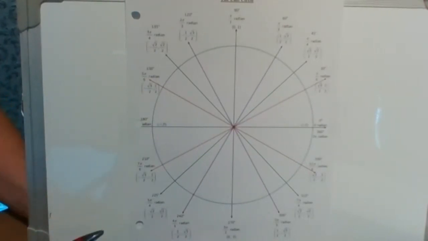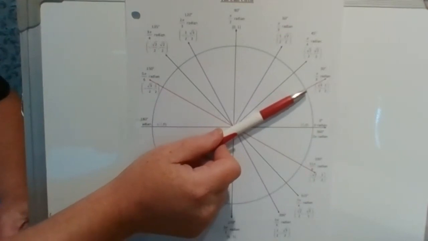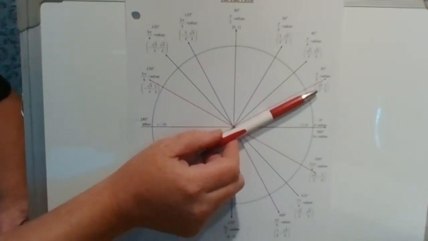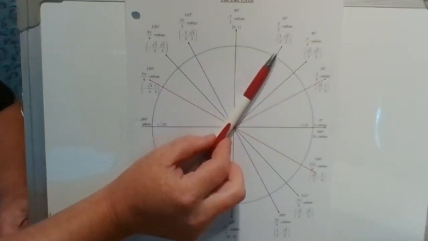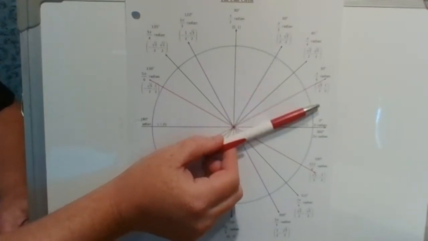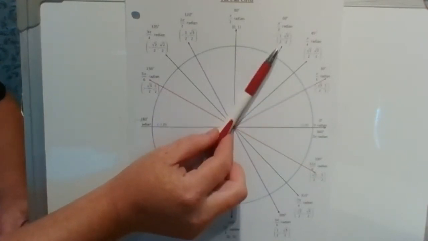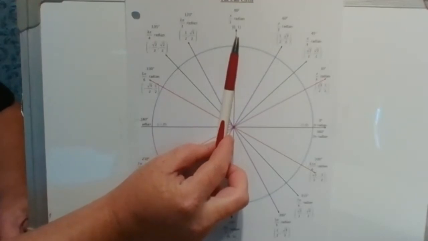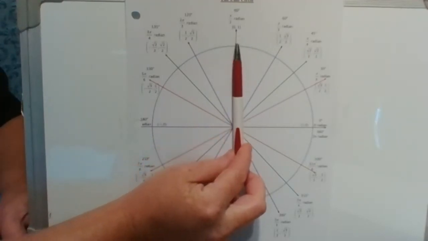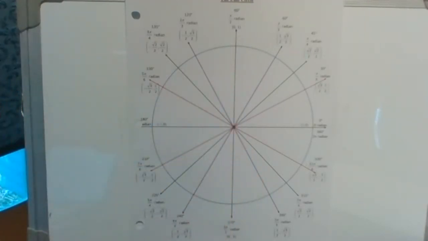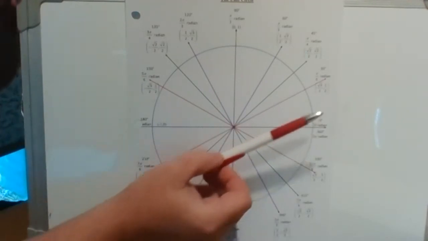And I can actually do them together because I'm going to start with 30, but notice 60 is just double 30, right? 30 plus another 30 is 60, plus another 30 is 90. So I'm going to count around by pi over 6s.